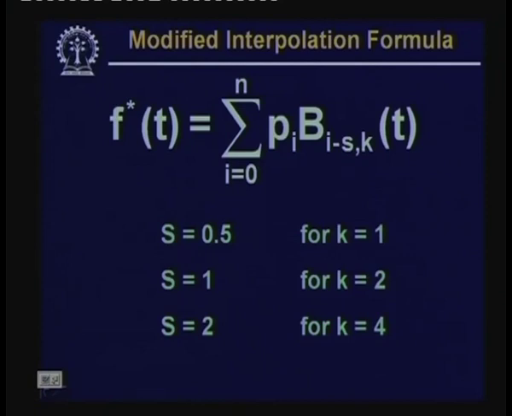And the value of s, we decide that for k equal to 1, that is when we go for constant interpolation, we assume the value of s to be 0.5. For k equal to 2, that is for linear interpolation, we assume the value of s to be 1, and for k equal to 4, that is for cubic interpolation, we assume the value of s to be equal to 2. Here again I have not considered k equal to 3, because k equal to 3 gives you the quadratic interpolation, and in case of quadratic interpolation, the interpolation is not symmetric.